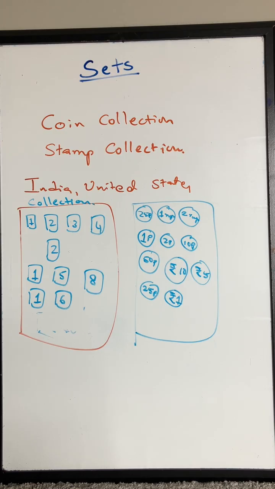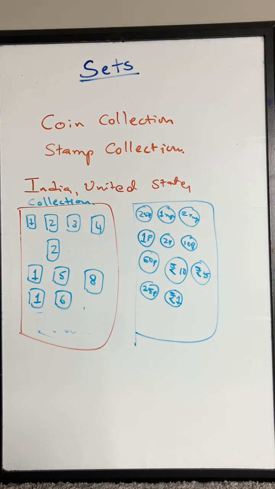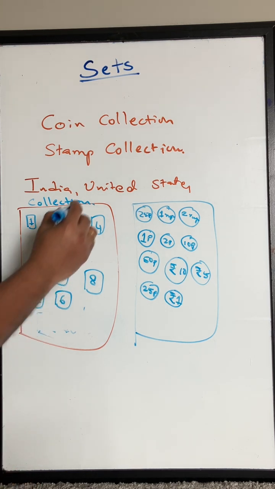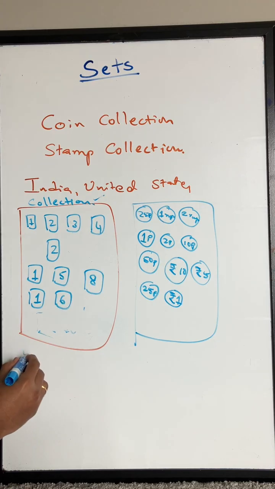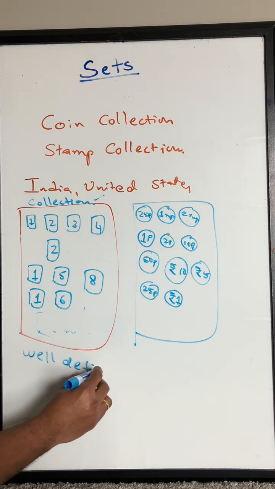So that is called a well-defined collection. So if somebody asks, you have to define it properly. Hey, this is a stamp collection or coin collection, something like that. Okay. Now we'll learn words like collection and well defined.